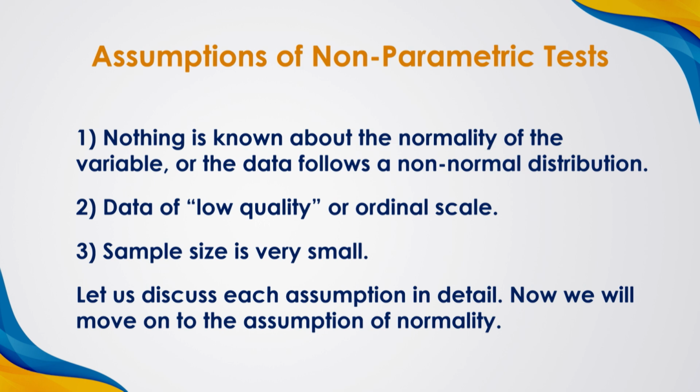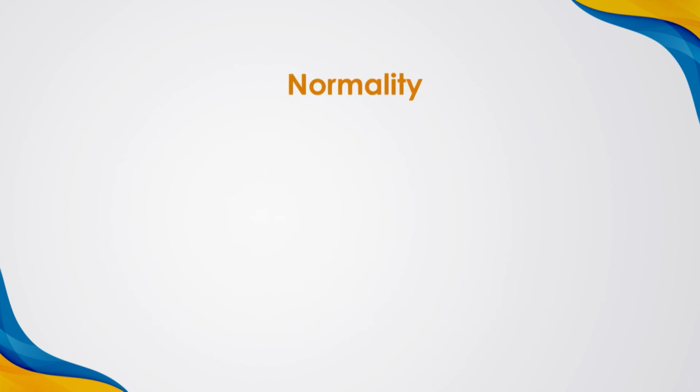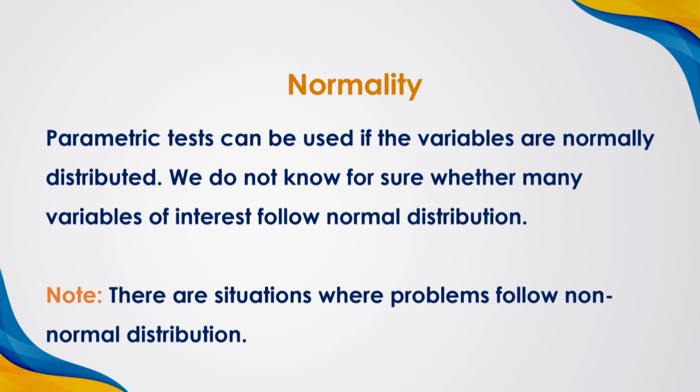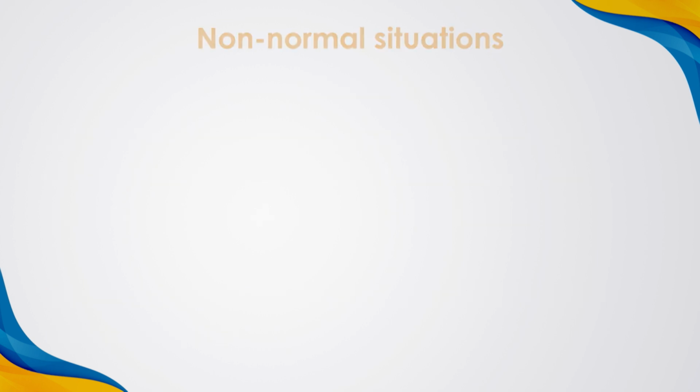Now we will move on to the assumption of normality. Parametric tests can be used if the variables are normally distributed. We do not know for sure whether many variables of interest follow a normal distribution. There are situations where problems follow a non-normal distribution.